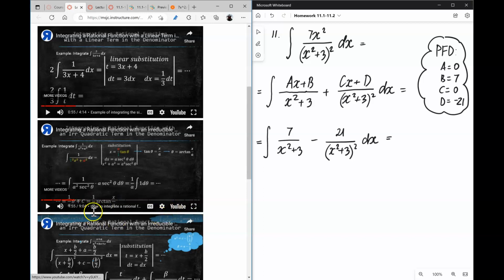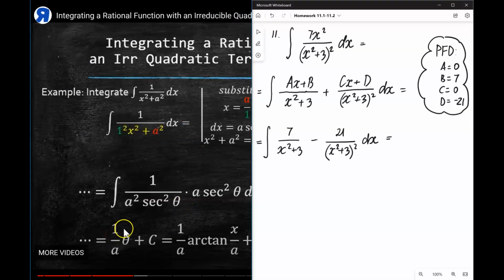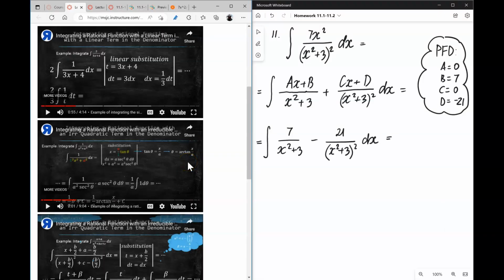So the answer will be, actually, does it tell us the answer? Yeah, the answer is right there. It says 1 over a arctan of x over a. This is the answer. So following this method, we can turn the first integral.